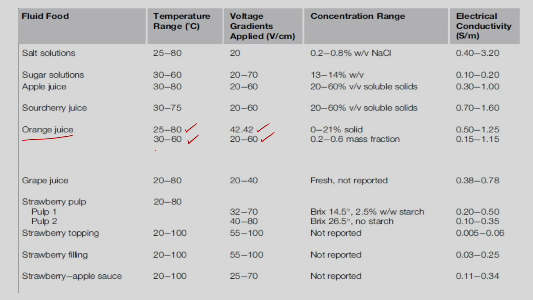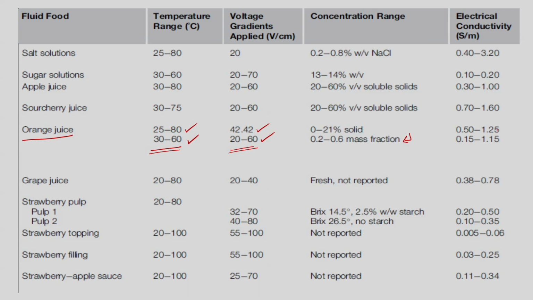If the temperature range is between 30 to 60, then you are supposed to apply 20 to 60 volts per centimeter, and it also depends upon the mass fraction. Here you have 0 to 21% solid content, and here 0.2 to 0.6 mass fraction.